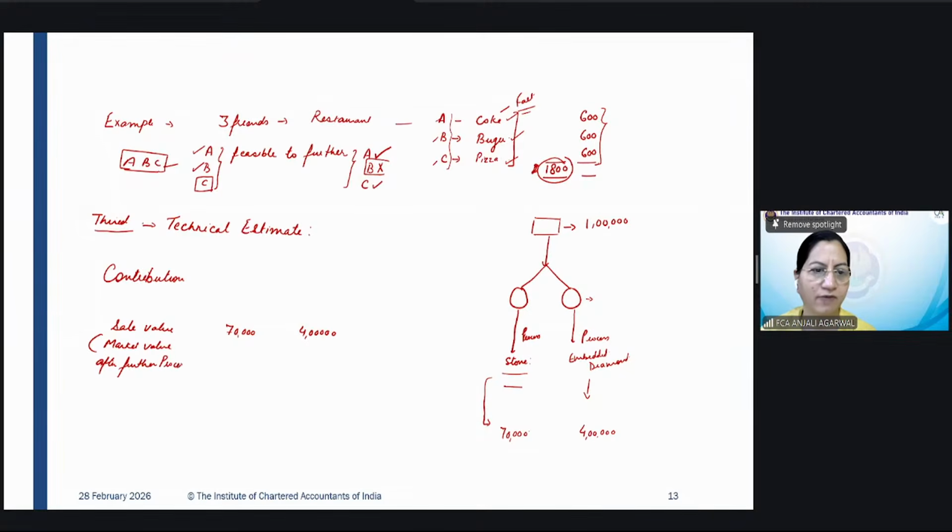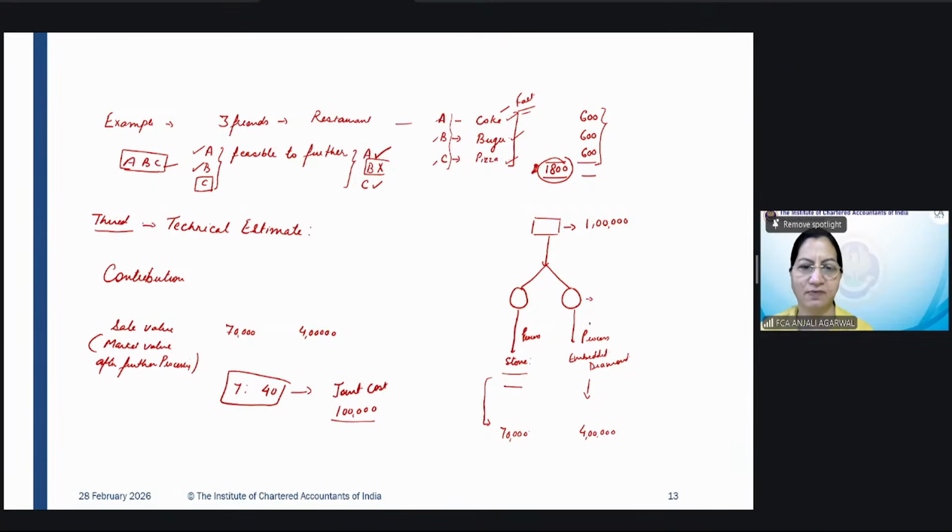The market value after further processing is 70,000 and 4 lakhs. If 7:40 is the ratio in which you allocate the joint cost of 100,000, will it not be very inappropriate?